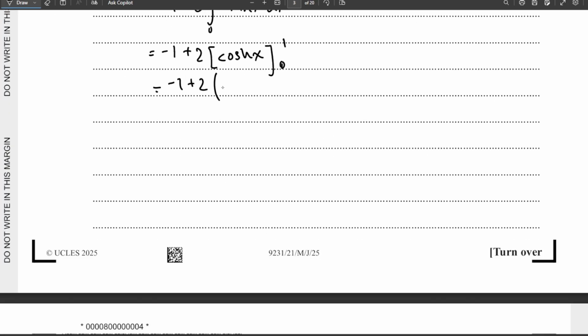The hyperbolic cosine is this one, with the negative exponential, divided by 2. So it's plus, right? Hyperbolic cosine is plus.